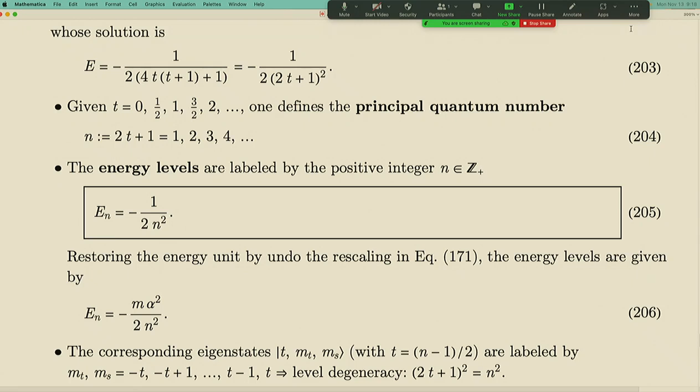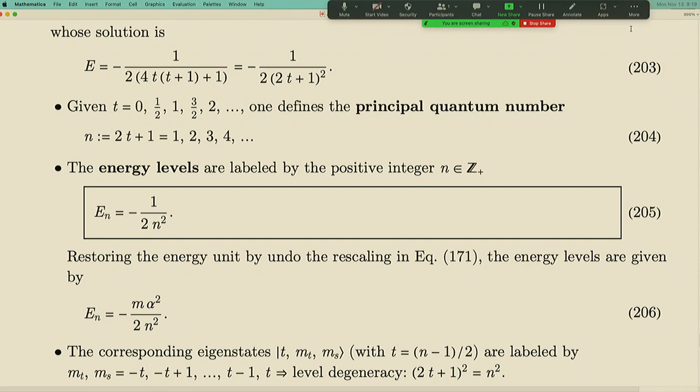The fact that this n quantum number, the so-called principal quantum number, must be an integer actually follows from the fact that this t quantum number, which originated from an angular momentum operator, must be either an integer or a half integer. So these two facts are related. By this derivation, we find the energy eigenvalues, or the energy levels, of the hydrogen atom.